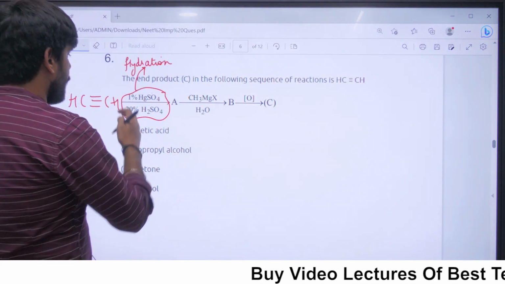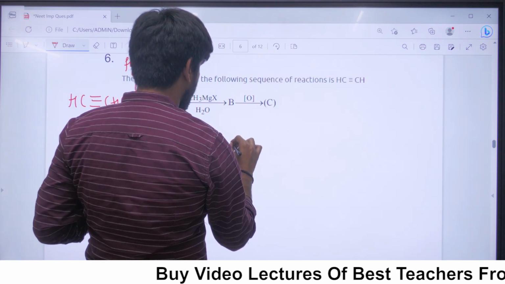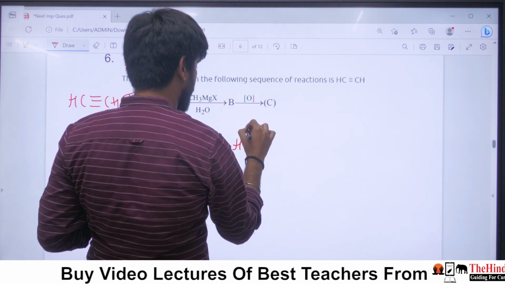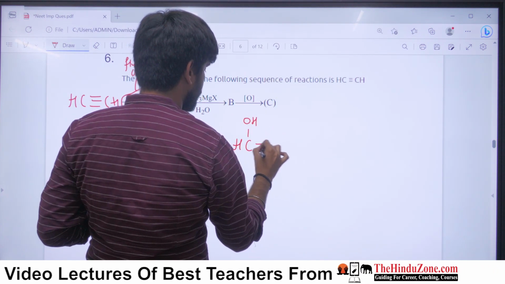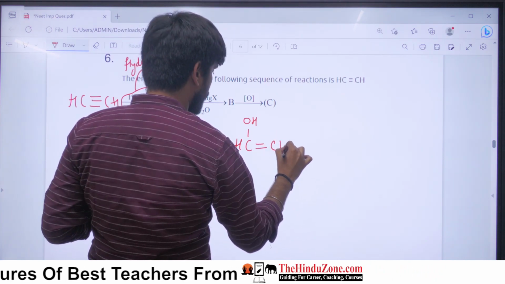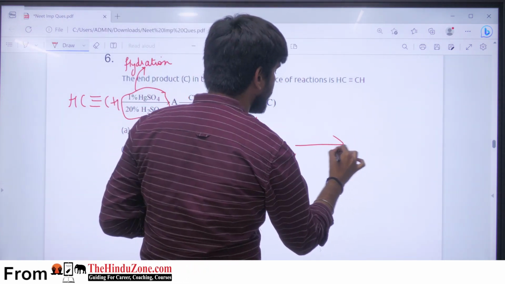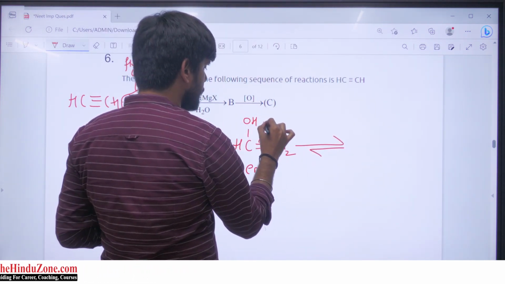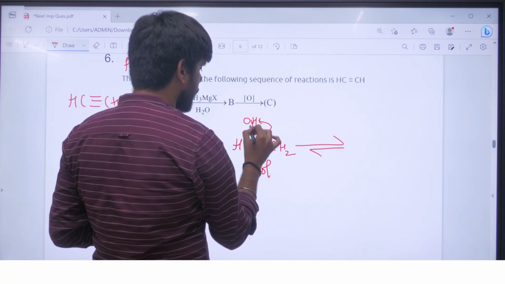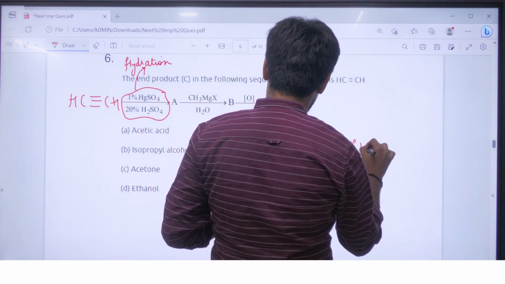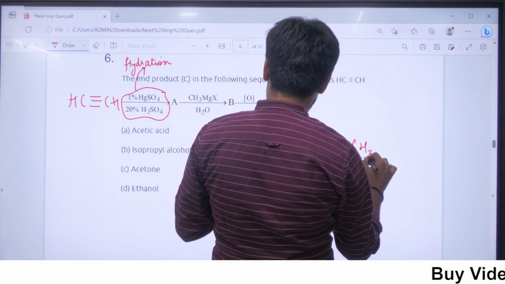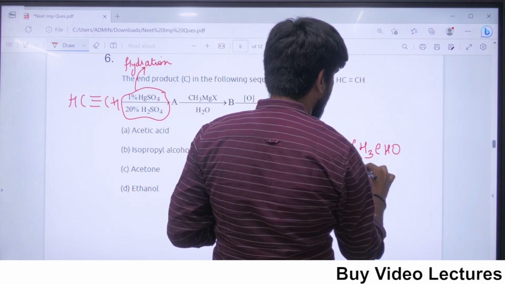So what do I have? In the first step, you will have something like this. This is your enol form. You know that this enol form will tautomerize to the keto form, right? This will attack over here and this bond shifts here. So what do I have? I have CH3 and CHO. I'll get acetaldehyde.